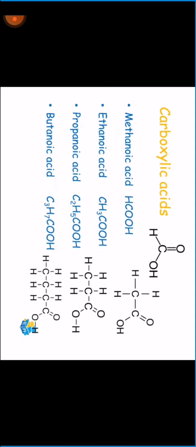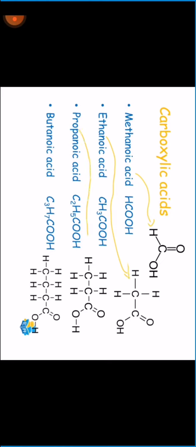So here's some simple carboxylic acids. So first one here is methanoic acid. So we know that methanoic acid means 1 carbon. So this is our methanoic acid structure here. And that's further confirmed by our HCOOH. Next is ethanoic acid, so eth is 2 carbons, so that matches up with this structure here.